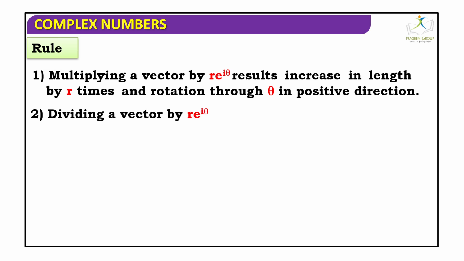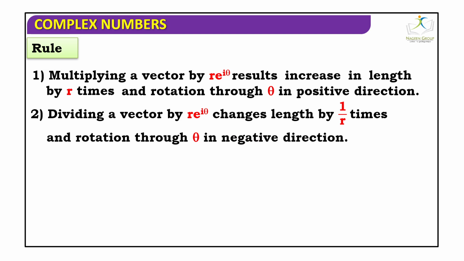Dividing a vector by r e^(iota theta) changes the length by 1 by r times, and rotates through theta in the negative direction. Then we say that we are rotating it in the negative direction. Multiplying means positive direction, dividing means negative direction. If we are multiplying, then length increases. If we are dividing, then it changes by 1 by r times.